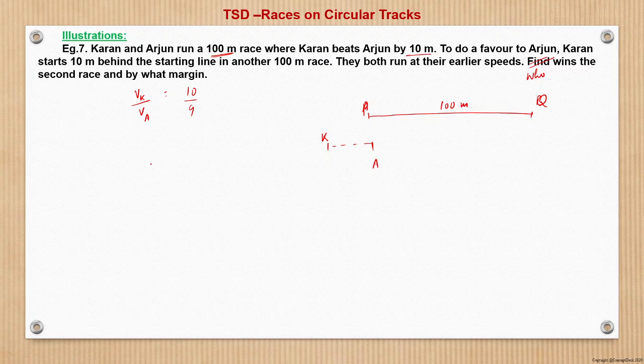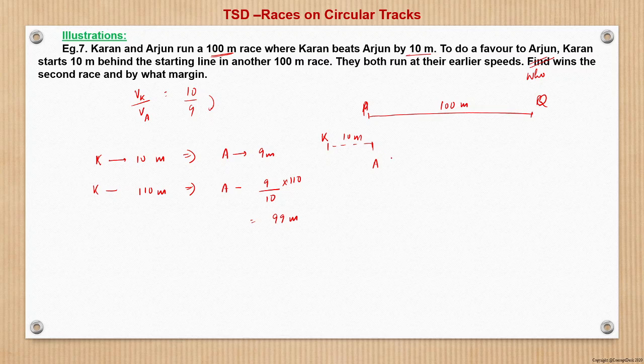So let us see. Suppose when Karan covers 10 meters, at that time Arjun covers 9 meters, from the speed ratio we can say, right? So when Karan covers 110 meters, because Karan has to cover this 10 meters and then a further 100 meters, at that time Arjun would cover what? 9 upon 10 into 110, right, which is 99 meters.